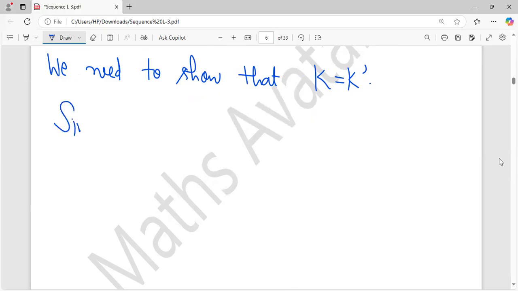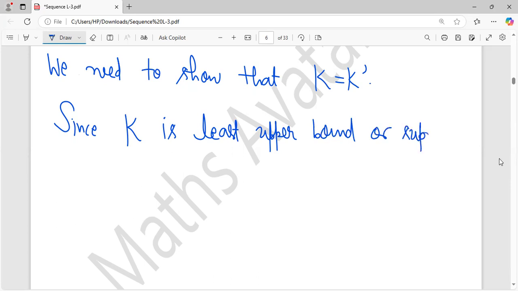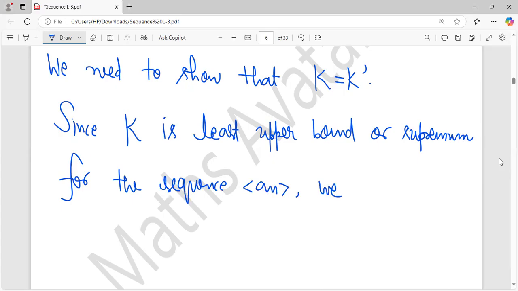Since K is the least upper bound, or supremum, for the sequence a_n, we get K is less than or equal to K dash (1).